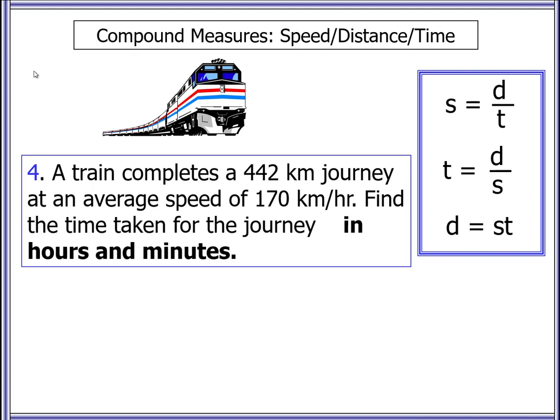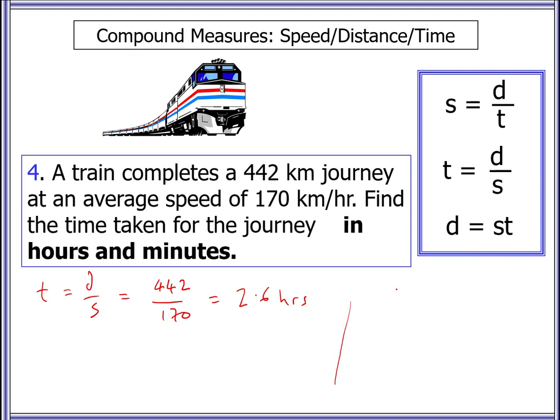So T is equal to distance over speed. Distance is 442, and we're going to divide by 170. And you can work that on your calculators for me. You should get 2.6 hours.